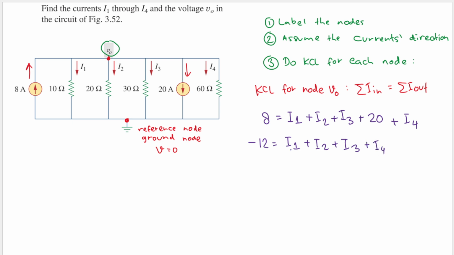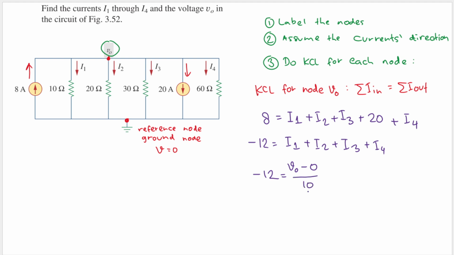I1 through I4 are unknown, so we need to find them using Ohm's law, right? What is I1? The current comes from V0 and goes to the reference node, so we write V0 minus 0, divided by 10.